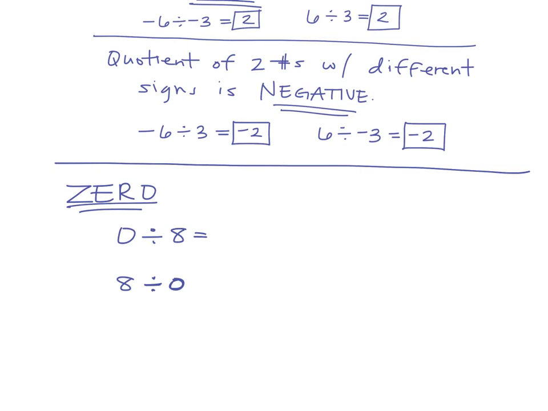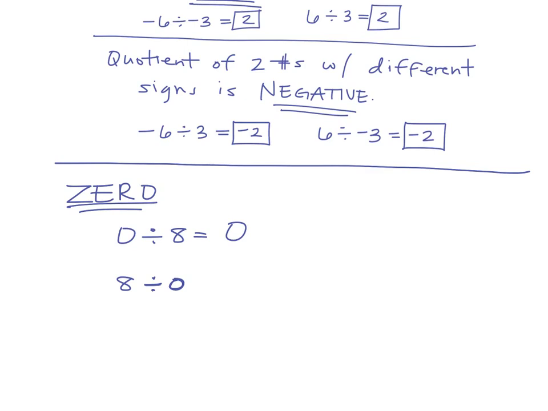Do you know what the value of either one of those is? No, it isn't 0 for both. So the first one is 0. Okay, 0 divided by 8 is 0.